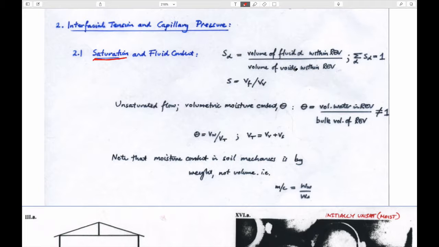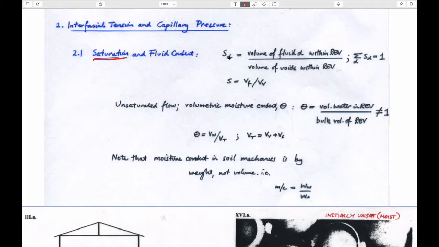If the aquifer is completely filled with water, then the saturation is 100% water. If 50% of the void space is filled with water and 50% is filled with air, then it's 50% water saturated, 50% air saturated.